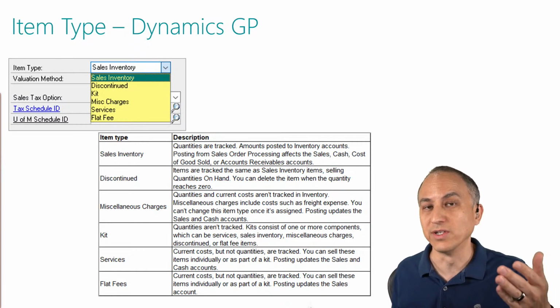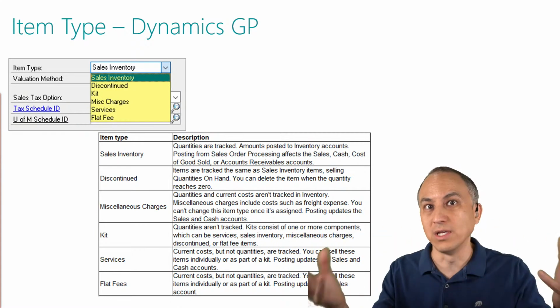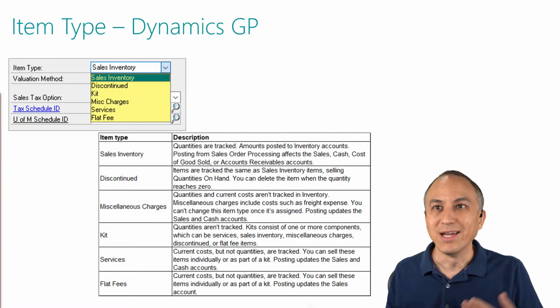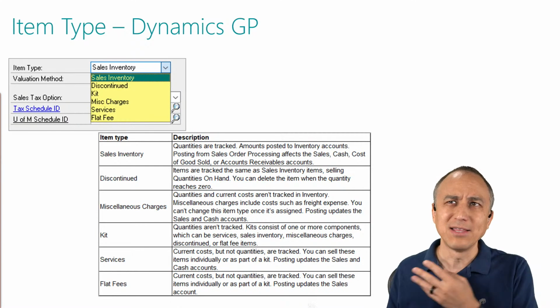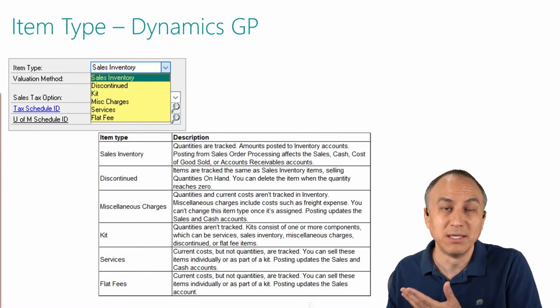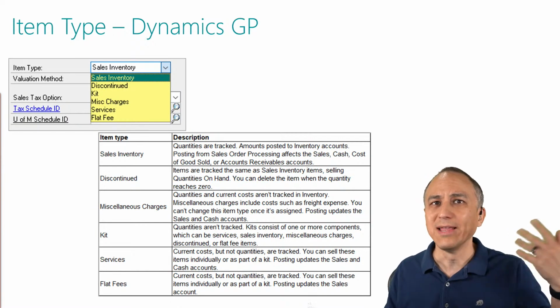You could sell those services if you're going to sell an audio video system with installation services, for instance. And then kind of an odd one, flat fees. Not sure how that's different from miscellaneous charges. I'd say they're probably more than necessary in Dynamics GP, but probably a lot of history to why those exist. Okay, so that's my background.